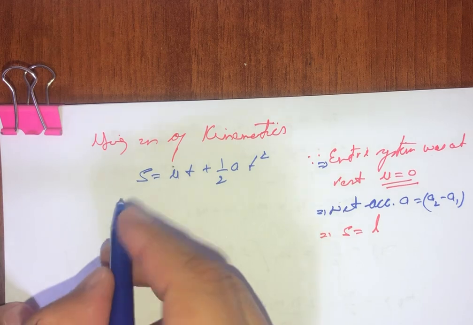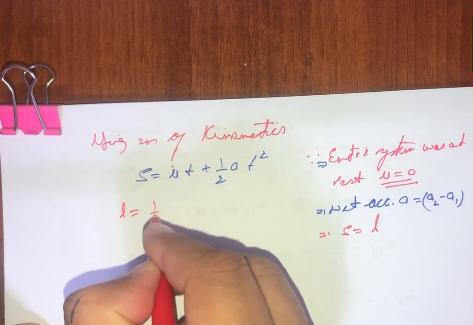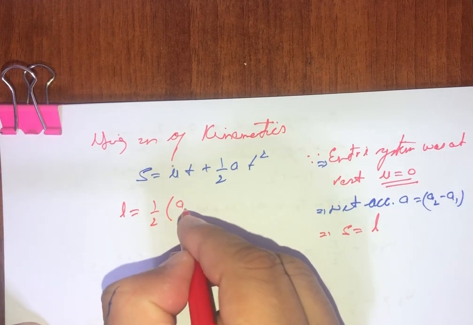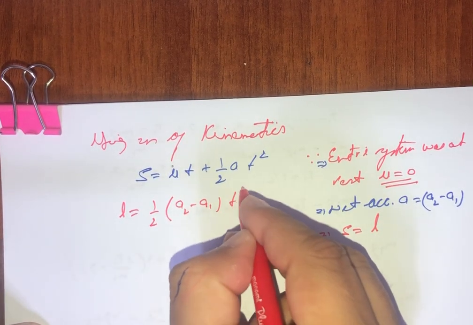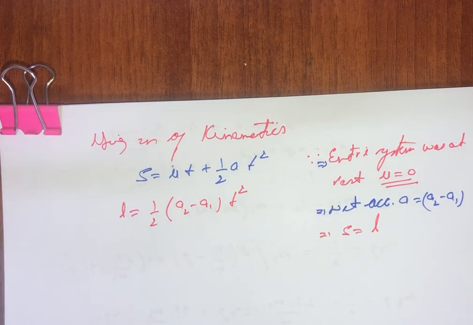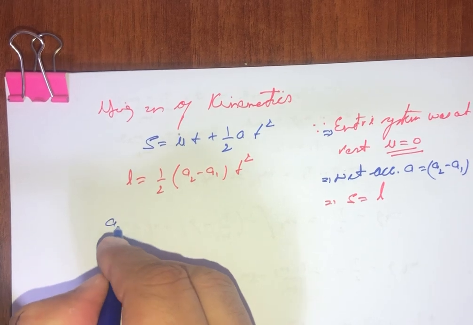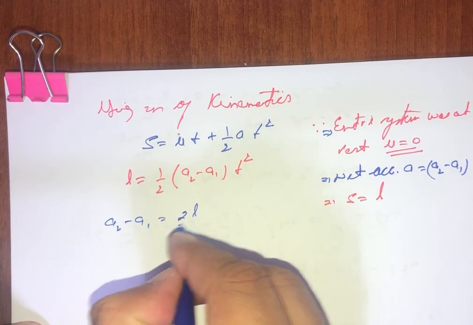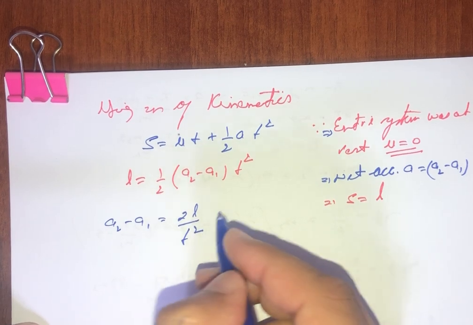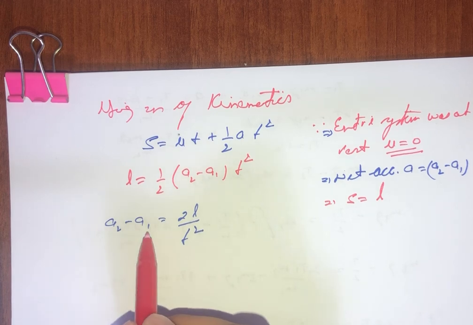So substituting the values, L is equal to half (a2 minus a1) into t square, and from here a2 minus a1 will be equal to 2L divided by t square.